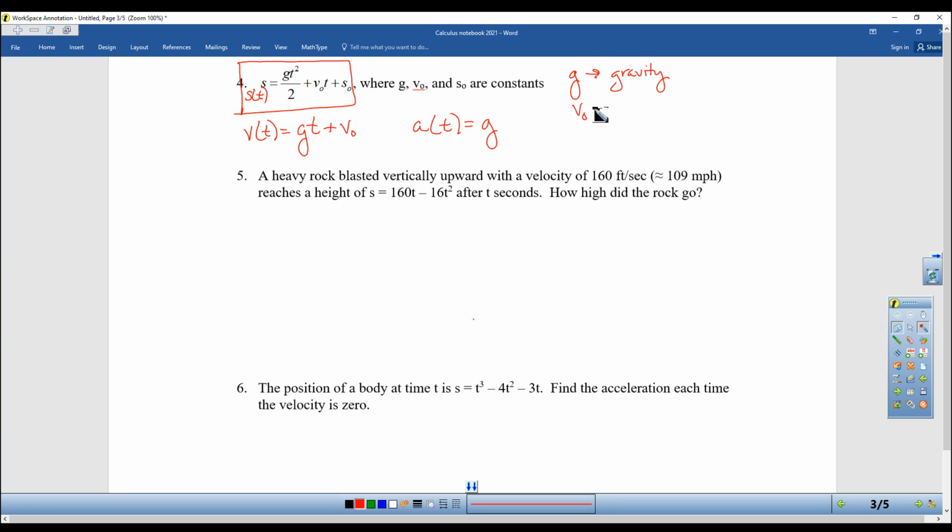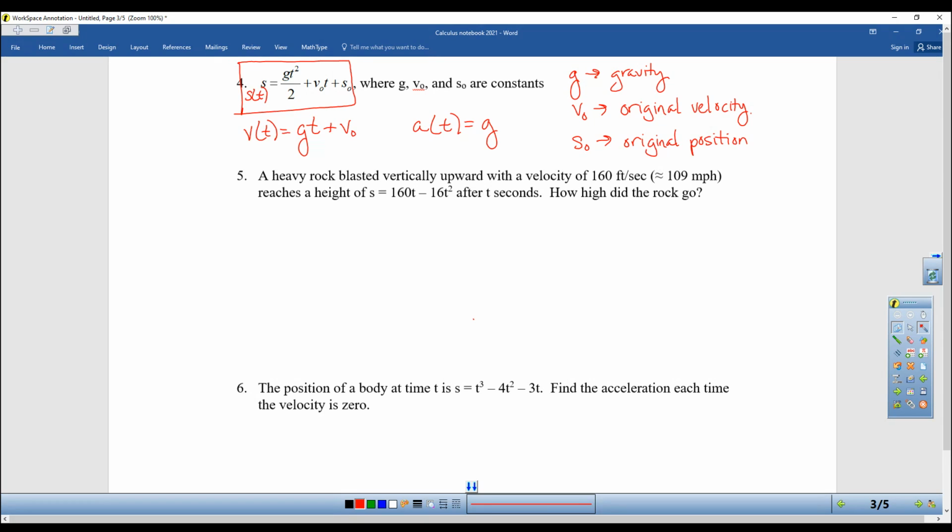The VO stands for the original velocity. So if something has a velocity and then plus gravity works on it every second, this would give you the final velocity. And SO is the original position. So if you see this in a physics or science textbook of some kind, that's where this formula comes from. Now you understand it from a calculus point of view.